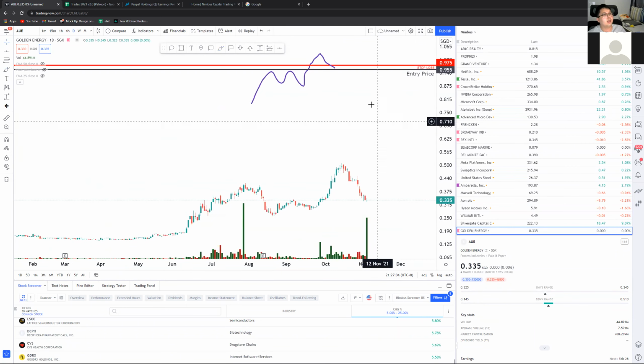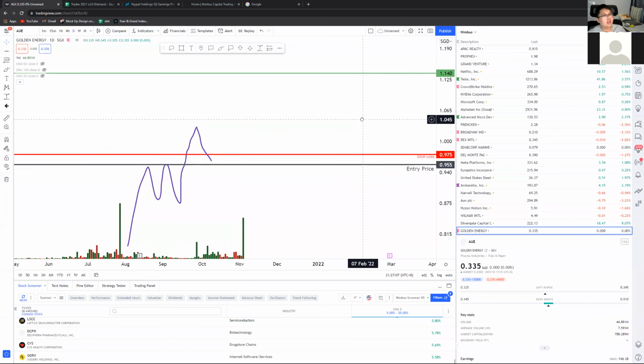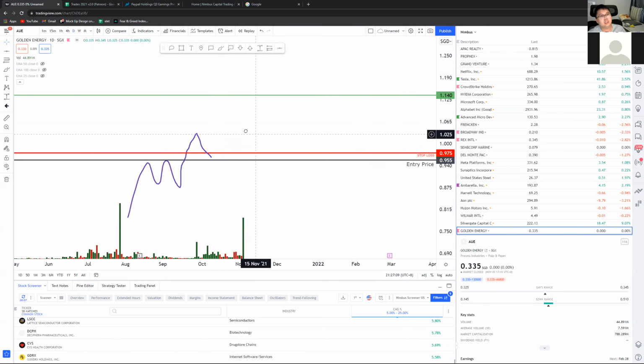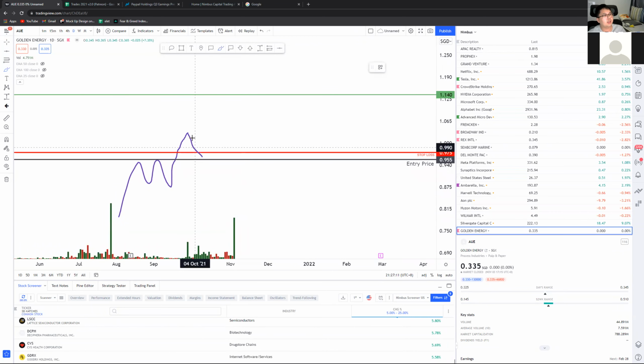Where's my drawing? Okay. So if we shift too early or if we shift aggressively, the price can come down, hit your stop loss, and then continue to go up. Then you miss a very good trade just because your stop loss was shifted too aggressively.